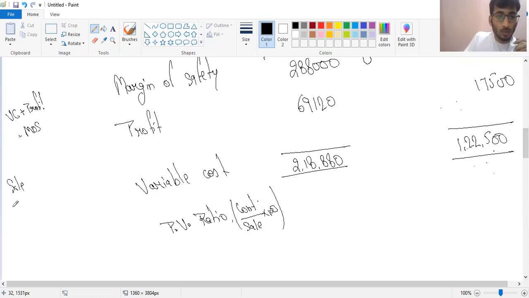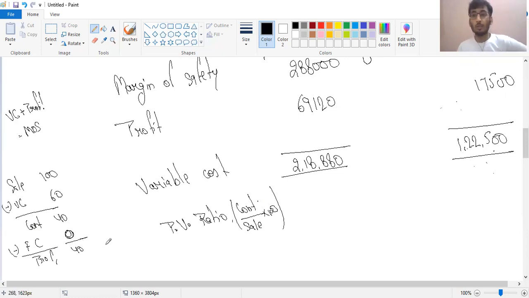Sale minus variable cost is equal to contribution, minus fixed cost is equal to profit. Now see, if fixed cost is zero, suppose sale is 100, variable cost is 60, contribution is 40. If fixed cost is zero, profit would also be 40.